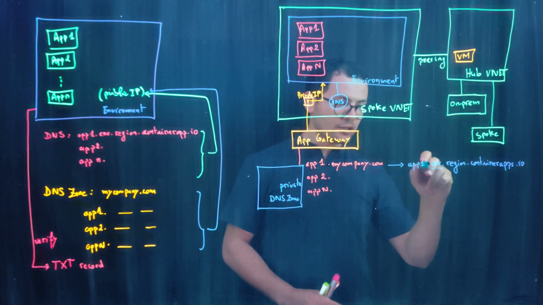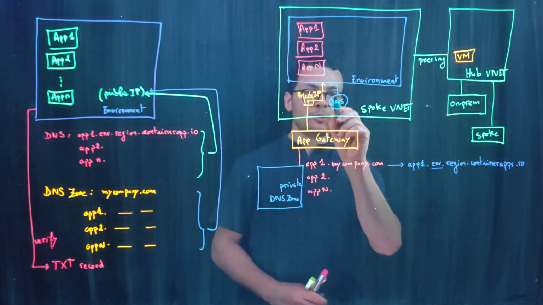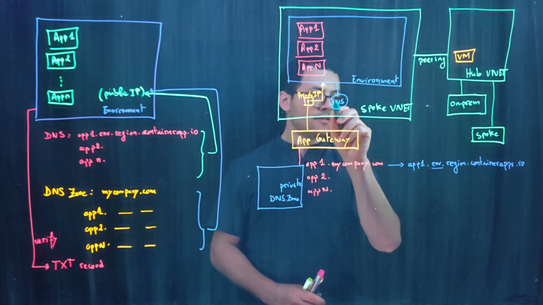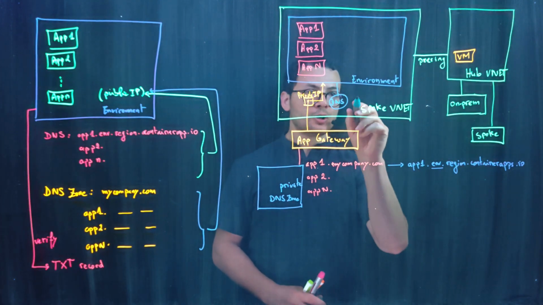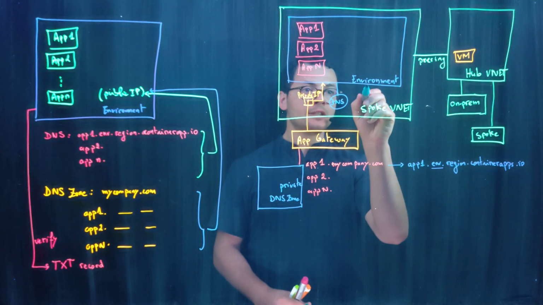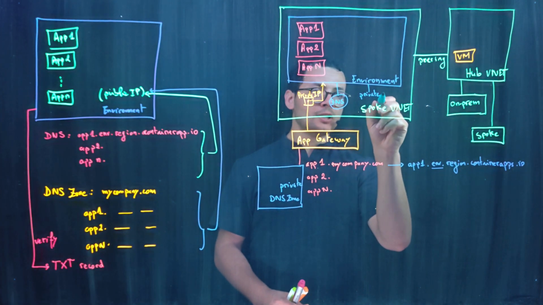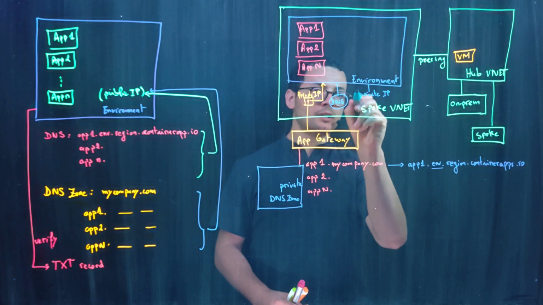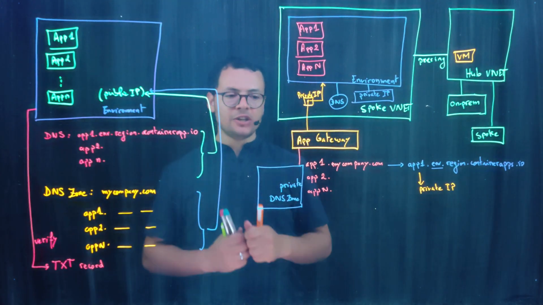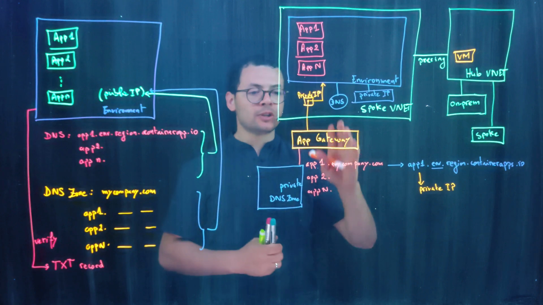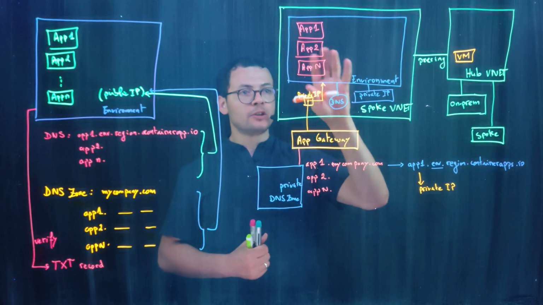It will be generated by Azure Container Apps. So this way, this name will be resolved right here at this level, and it will be resolved to the private IP address of the Azure Container Apps. Because as we create a private Container Apps environment, it would have a private IP. Again, things might change, so keep an eye on the updates on Azure Container Apps for the networking side.